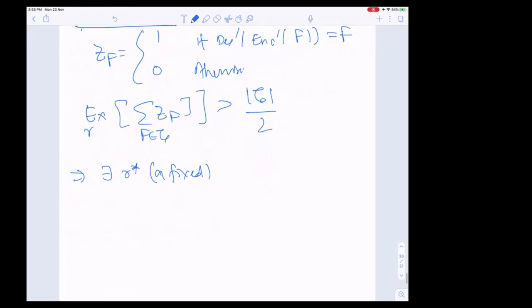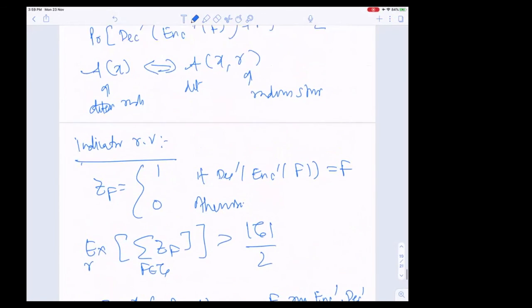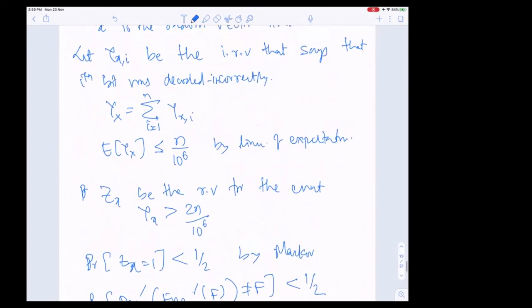So based on this, there is a fixed R star such that if F runs encoding prime, decoding prime with respect to R star as the random string for A, then for at least half of the sets, we are great. So what I have been able to show is that there exists some set which is large enough for which this is good.